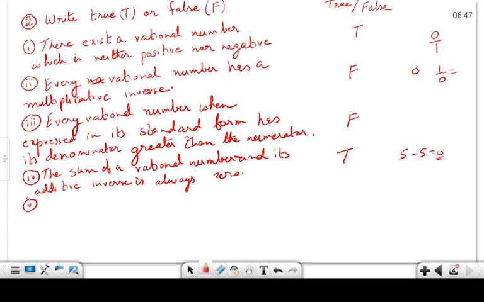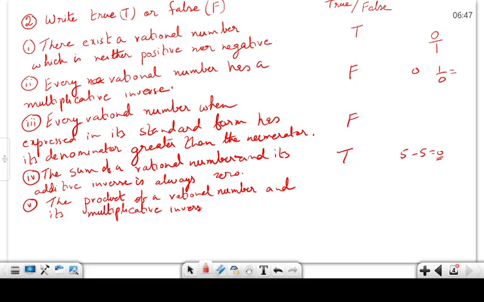This is true. Number 5 is the product of a rational number and its multiplicative inverse is always 1.